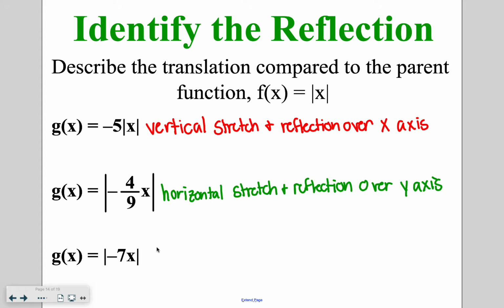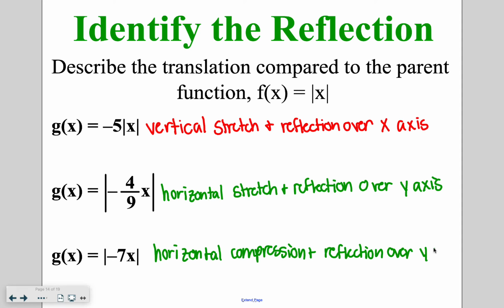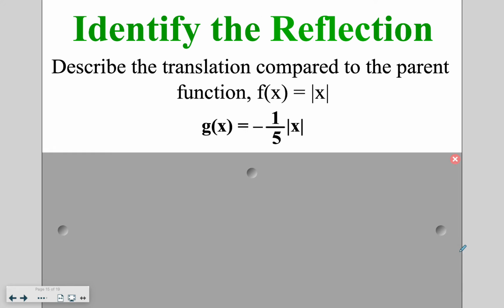We have, once again, the value is on the inside, so it is going to be horizontal. The number is now bigger than 1, so it's going to be a horizontal compression. It's going to be getting narrower. And once again, our negative is on the inside, so it's going to be a reflection over the y-axis. Go ahead and try this one on your own.